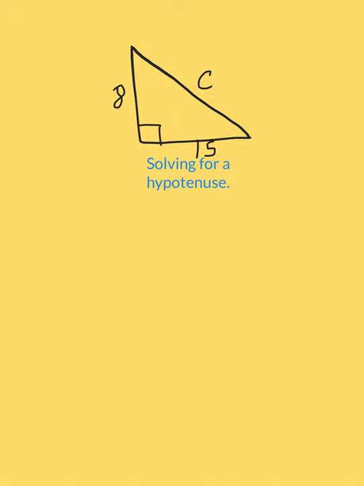Okay, here's an example of how to solve for the hypotenuse. First thing I'm going to do is write down the Pythagorean theorem. A squared plus b squared equals c squared. And it looks like right here, my legs are 8 and 15, and the hypotenuse is missing.